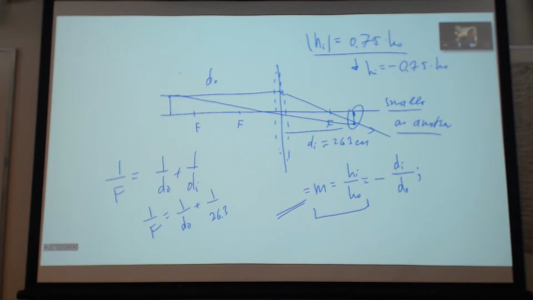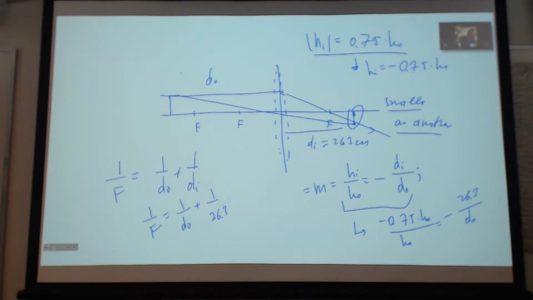So you don't really need this. You can just take this part and write negative 0.75 times the size of the object divided by the size of the object equals negative 1 times 26.3 divided by the object distance. And now what can you do?